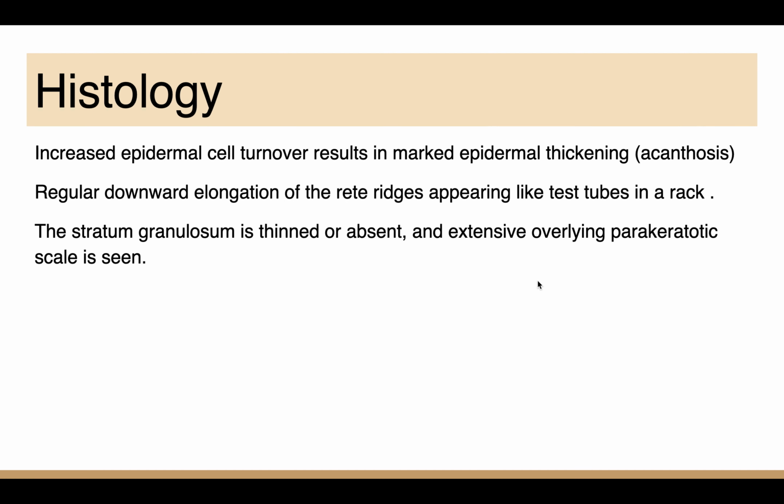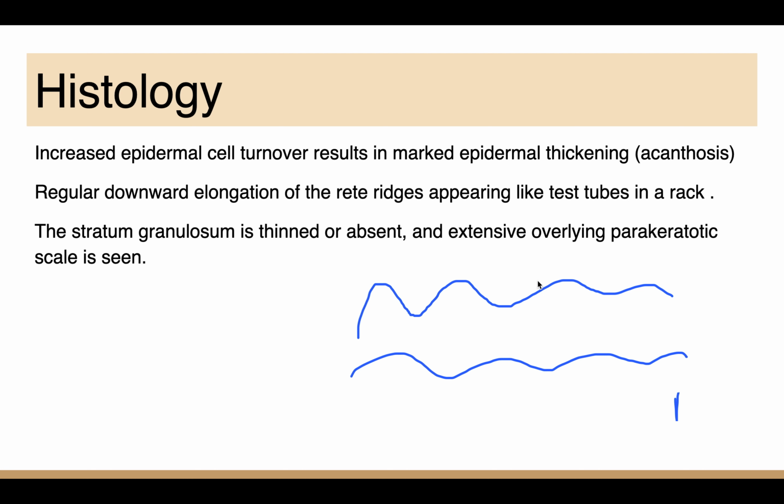Going to the histology, which is a very important part and very characteristic of psoriasis. To understand the histology, let's briefly understand what normal skin looks like. This is your epidermis, and below that there is the dermis. The epidermis has many layers.